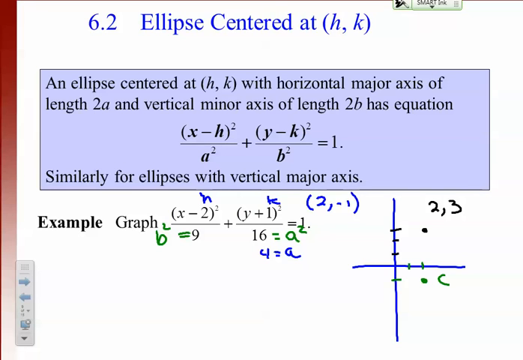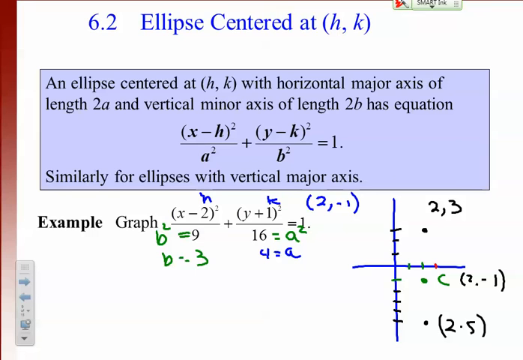The other vertex is going to be down 1, 2, 3, 4, so that's going to be down here at 2, -5. Remember the center was at 2, -1. Okay, so my b value is 3, so I go over plus or minus 3.